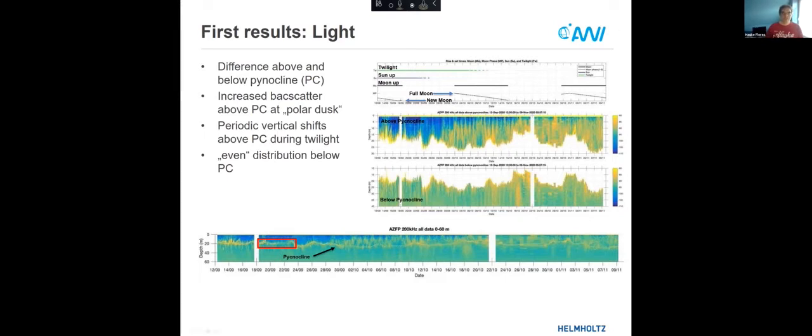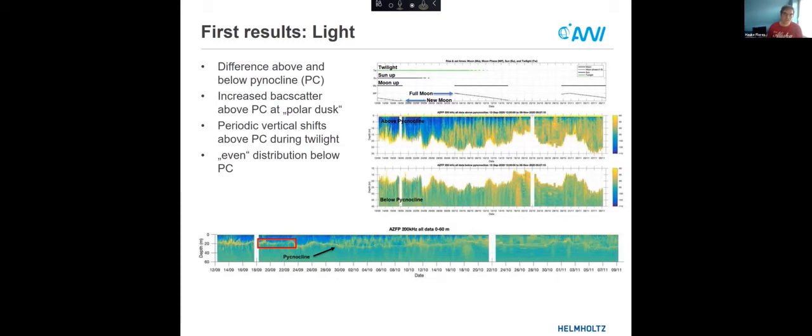And we could see that with the sunset, with the beginning of the polar night through a twilight period, the backscatter intensity seemed to increase in the very top layer above the pycnocline, whereas below it remained relatively shallow. And we looked at this feature actually in combination with the sun, the height of the sun, and also with the moon cycle.